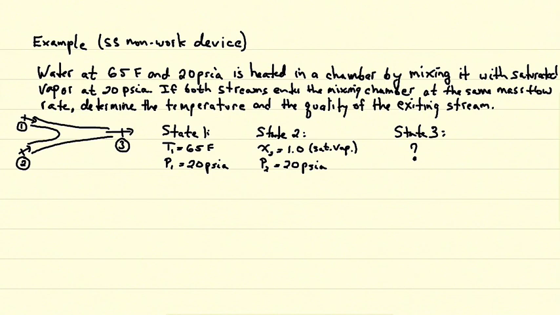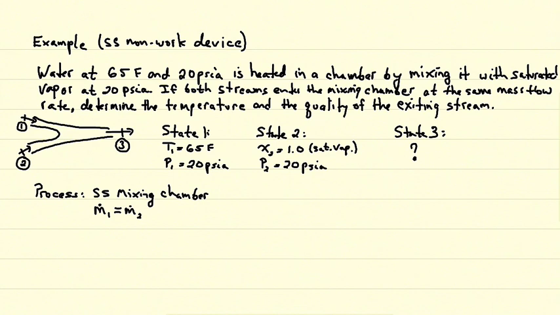After we write down our state information, I like to write down information about the process. We have a steady state mixing chamber, that's the kind of process that we have. The other piece of information that we're told about the process is that the mass flow rate of the first inlet flow, m.1, is equal to the mass flow rate of the second inlet flow, m.2.